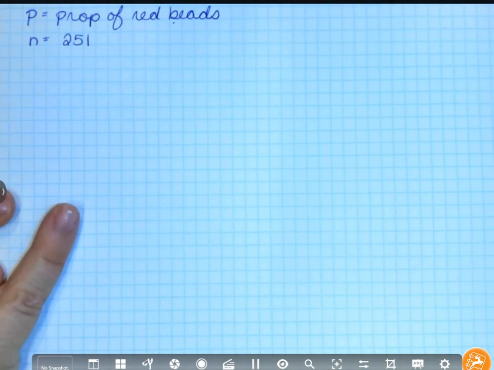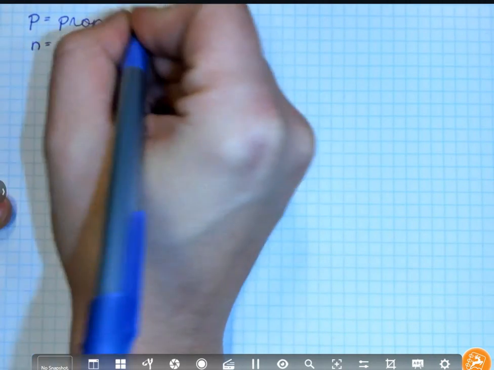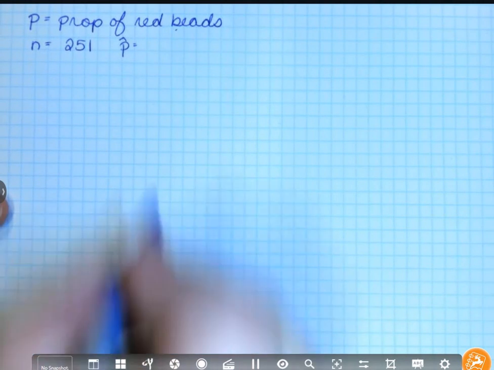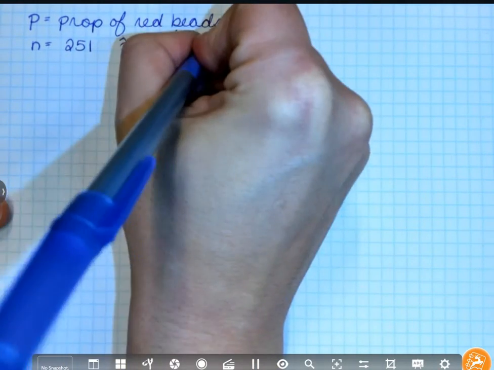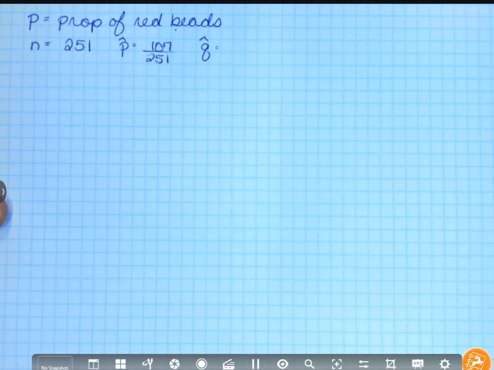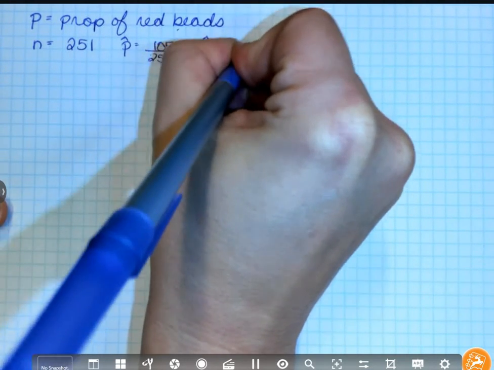What other pieces do I have? P hat. What was P hat? Just give me the fraction. And you guys are always going to need to show the fraction. Decimal's optional. It should be just 107 over 251, which means what would Q hat be? 144 over 251.